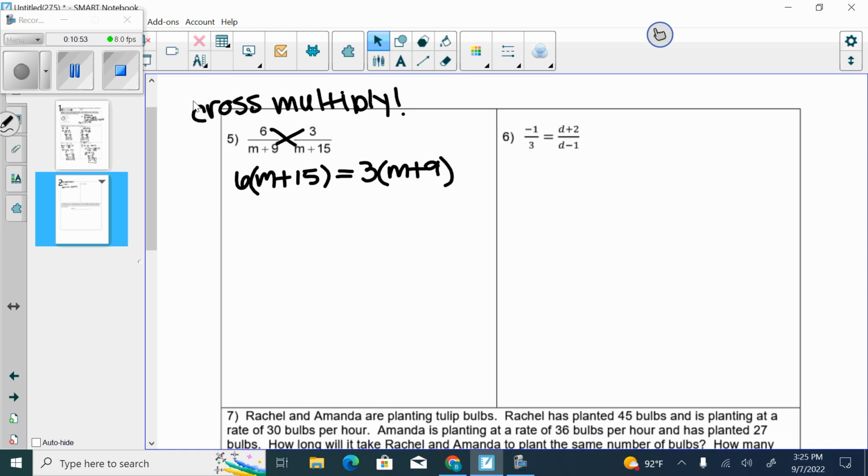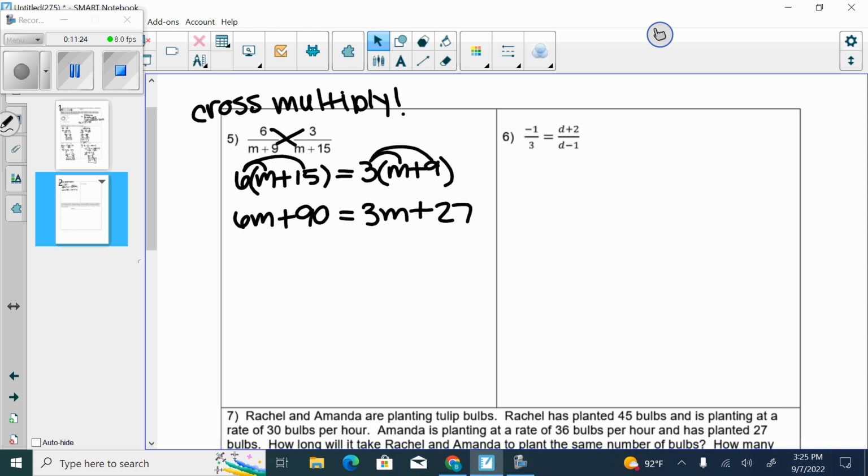Okay, so now we need to simplify. What do we think we should do first? Distribute. Very good. So I got 6 times m, which would be, very good, and then 6 times 15. Good. All right, and then we also have to distribute there on the other side. 3 times m, very good, and 3 times 9.